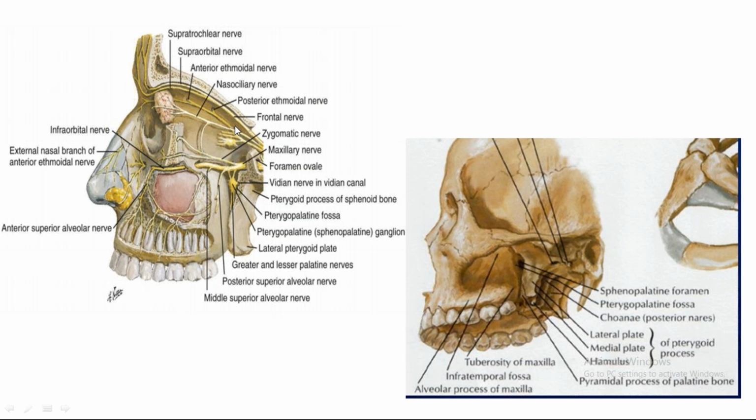Okay, so these are all different nerves which are seen related to the nose and paranasal sinuses. So here you can see this maxillary division continues and forms the infraorbital nerve also.